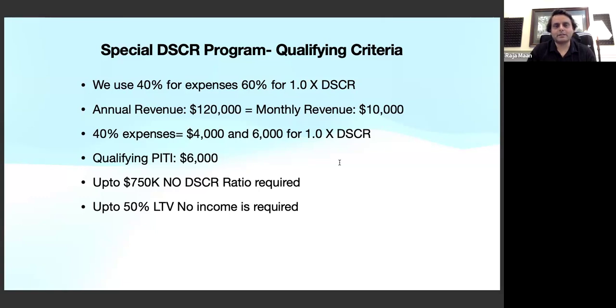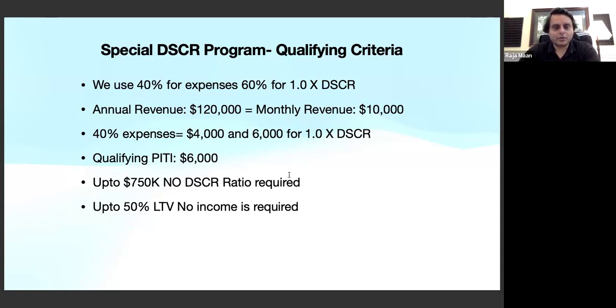The $6,000 remainder of the $10,000 revenue can be used for PITI. It should be equal. That's for $750,000 and above properties or loan amounts.